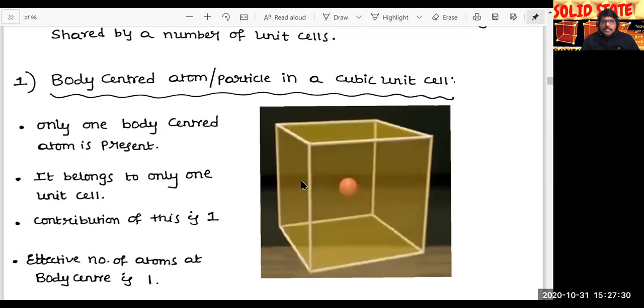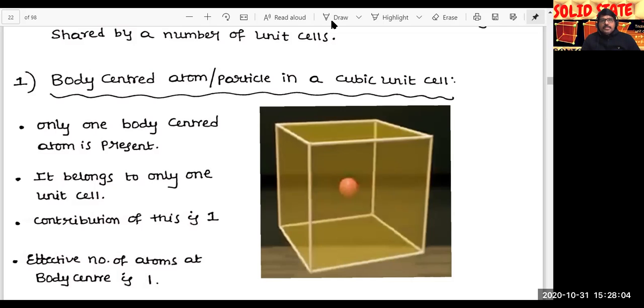That means left side, right side, above, below, back, front, this unit cell is surrounded by other unit cells in all other directions, but this body-centered atom is not in contact with them. So other unit cells are not sharing this because it is lying completely inside. There is only one body center, and this atom belongs to only one unit cell.